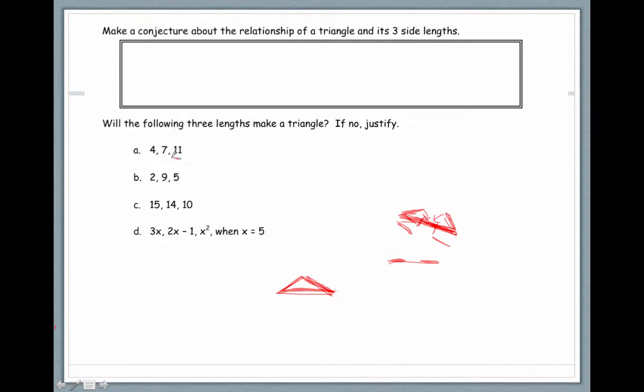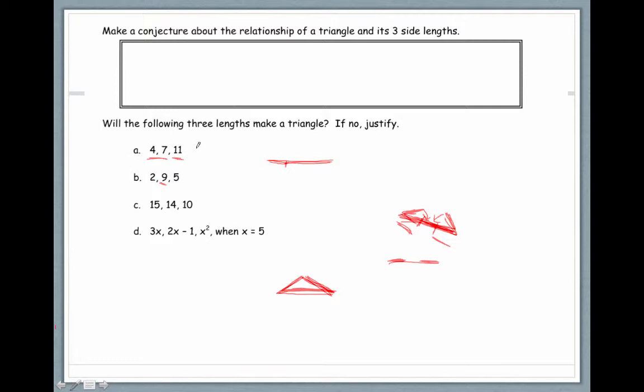Between these, the biggest one's 11, and 4 and 7 add up to 11. So if I laid those out, there's the 4, there's the 7, it just makes a line segment. They do meet, but it doesn't make a triangle. For 2, 9, and 5, 9 is the biggest, and 2 and 5 add up to less.